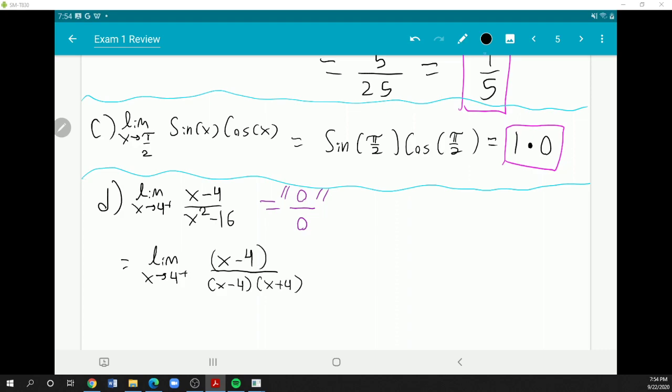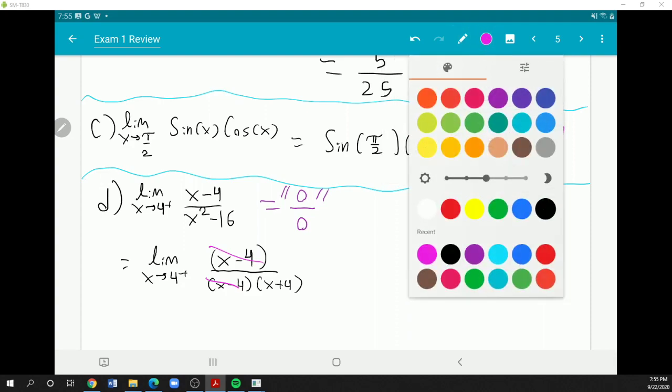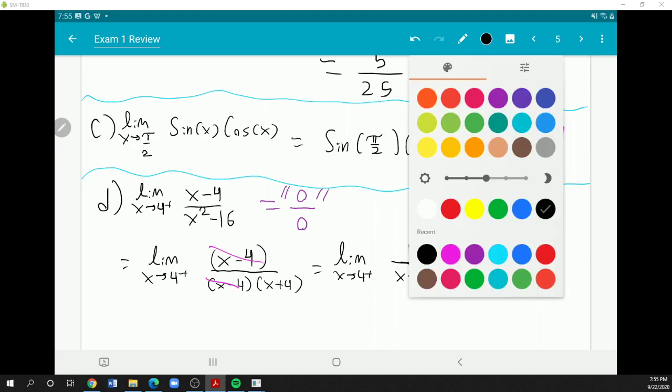For some reason I like to have parentheses on that before I cancel. I don't know why. Those cancel, and I get limit as x goes to 4 from the plus of 1 over x plus 4. And this is a limit that I can just plug in. So I get 1 over 8 as my final answer.